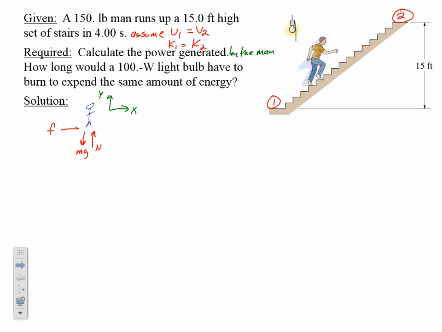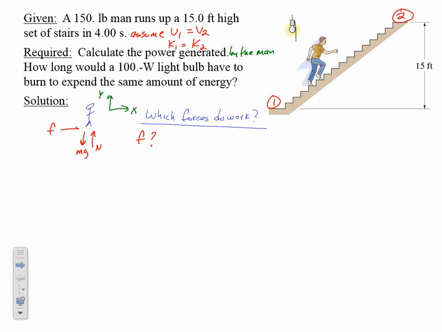And so now that we see these forces, we can ask which of these forces do work, because that's going to affect our power calculation, because power is going to be work per time. So if we look at our forces, we can then ask which forces do work. So we can look at the friction force F and ask, does it do work?